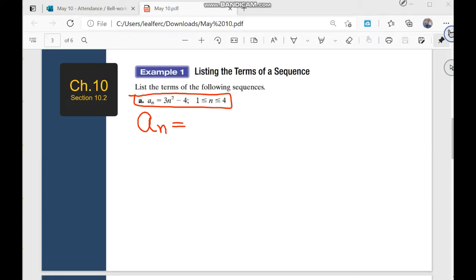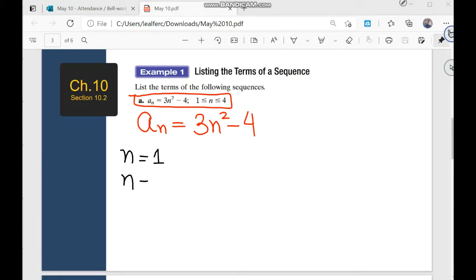here where we have the term represented by this expression, 3n squared minus 4, okay? And we need to find the first, the second, the third, and the fourth term.